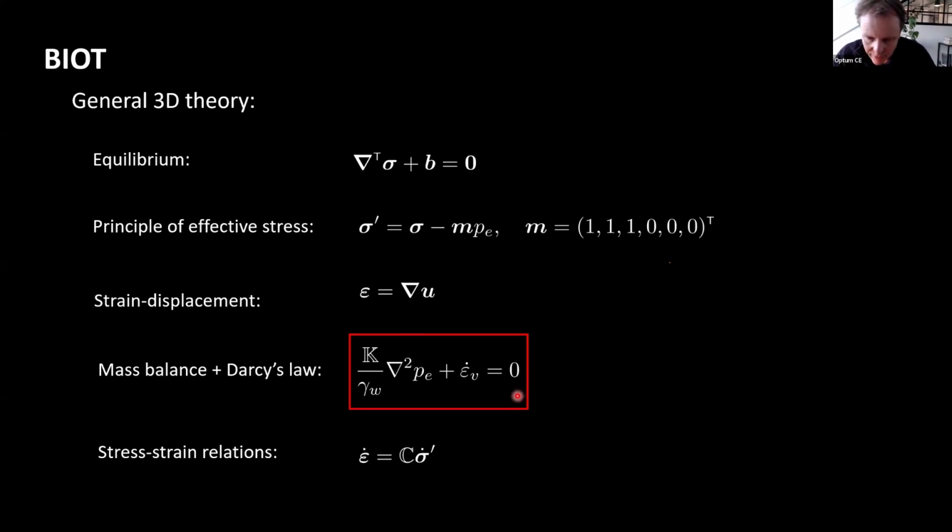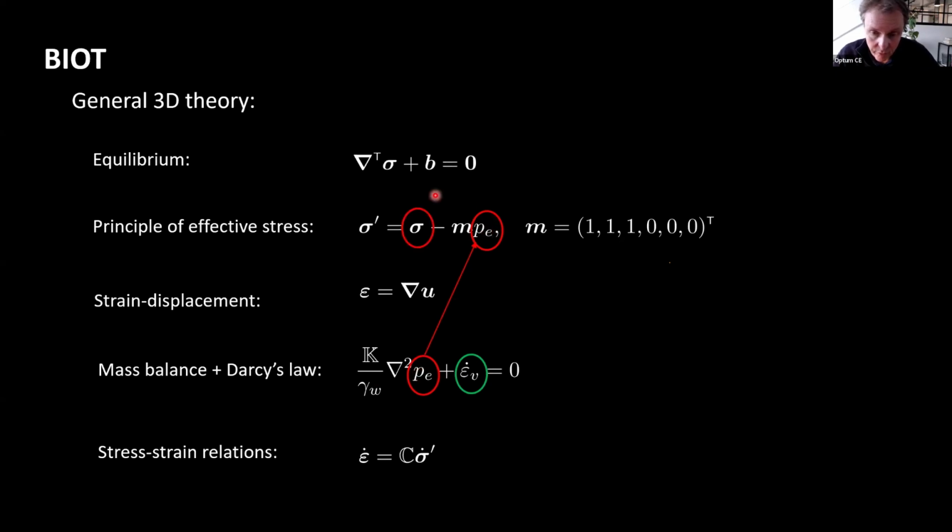And I made a diagram to see how the different quantities here couple. So we have the excess pore pressure and the volumetric strain here. So in this equation, this mass balance plus Darcy's law, the excess pore pressure is part of the principle of effective stress. The total stress is also part of that, which is also part of the equilibrium equations.